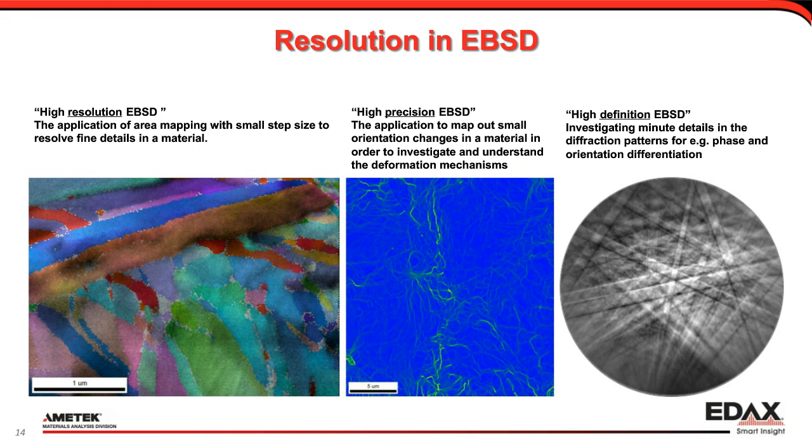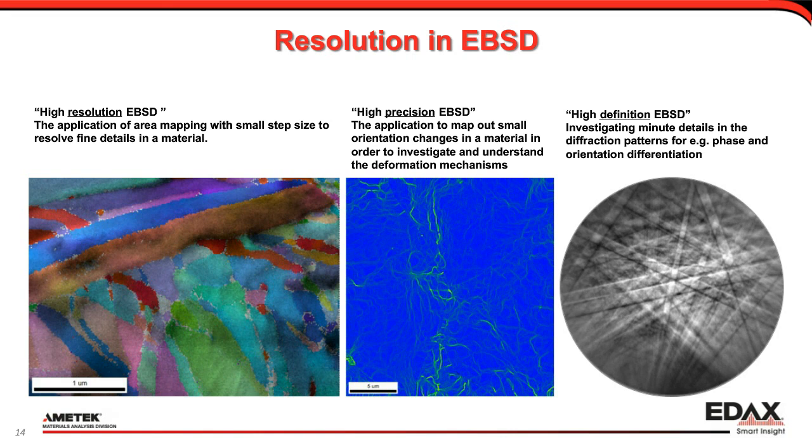I'm talking about this now because with direct electron detection, we also want to look at very small details in EBSD patterns, to see what we can get that is maybe not possible with a traditional detector. So that would go towards the high definition EBSD side.